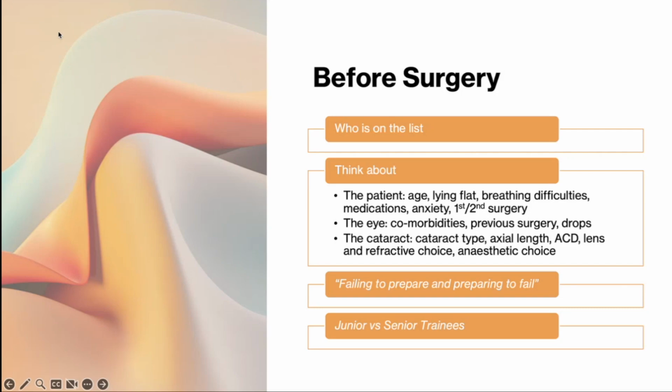Now, for the junior trainees, the reason you're doing this is to pick the 1 or 2 cases on a list, depending on where you're working, that you are going to do, especially if it's your first few cases, and it's about which ones do I think I can get my hands on. For the more senior trainees, who are already thinking, listen, a green case is fine, I'm now thinking of the more complex ones.